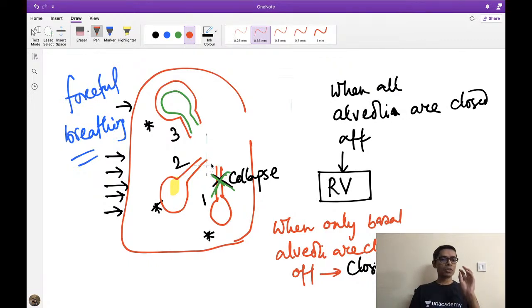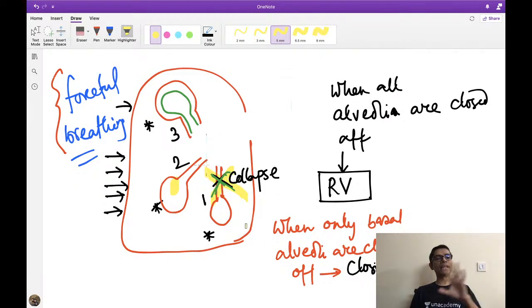So whenever you are doing a forceful expiration, look at this maneuver. What is going to happen? If you continue the forceful expiration, one point will reach where only the basal alveoli are closed off, right? In this condition, the volume which is remaining here and here is the closing capacity.